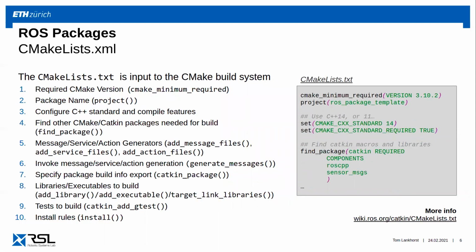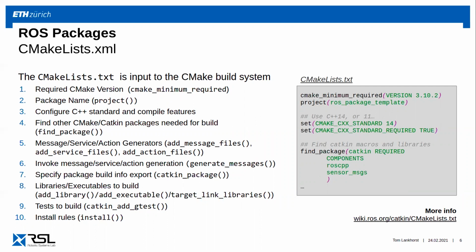The second file that we saw in the root of the package is the CMakeLists file. The CMakeLists file is a file that instructs the CMake build system on how to build your project, how to build your executables and your libraries.